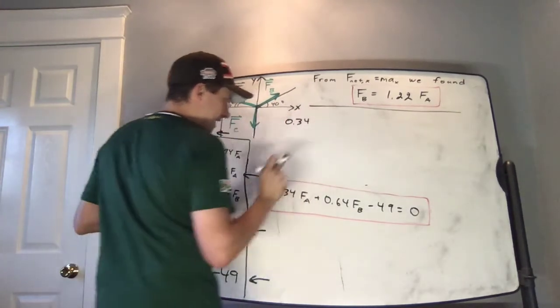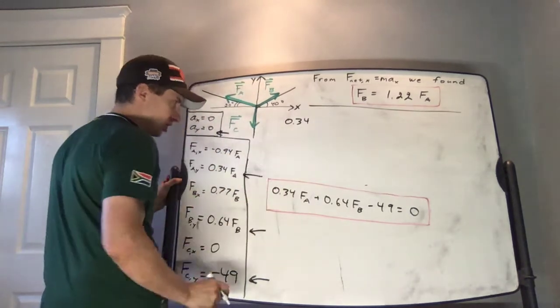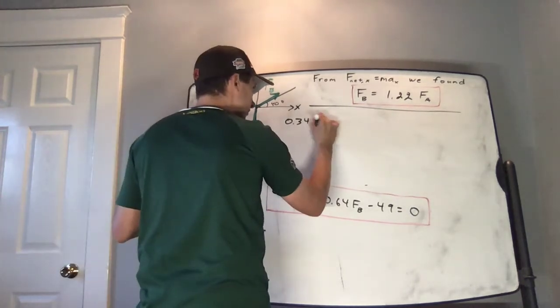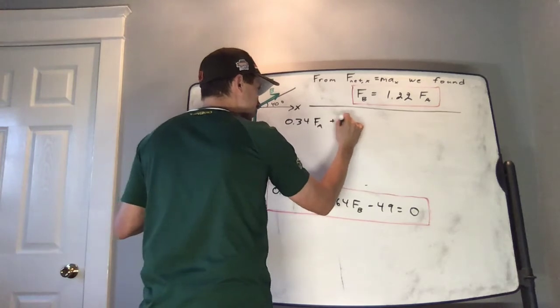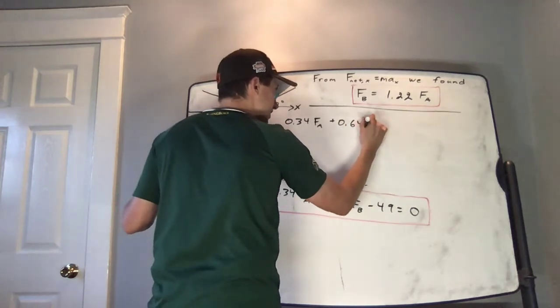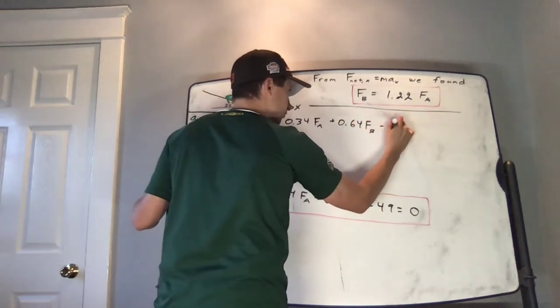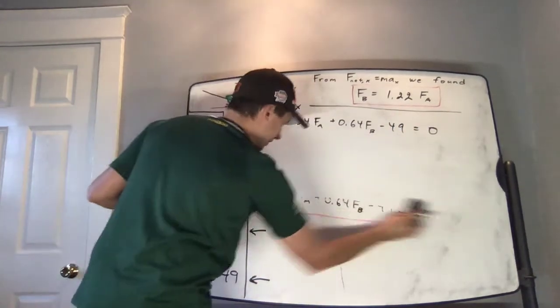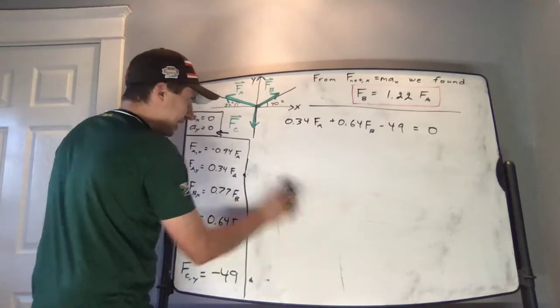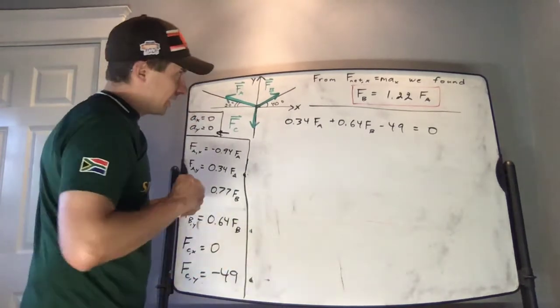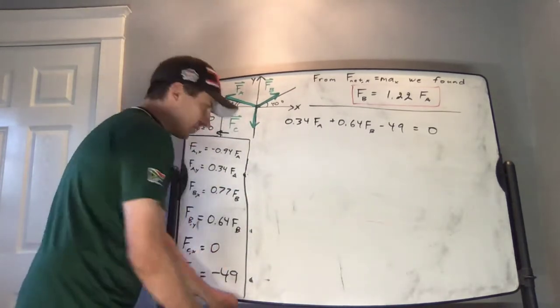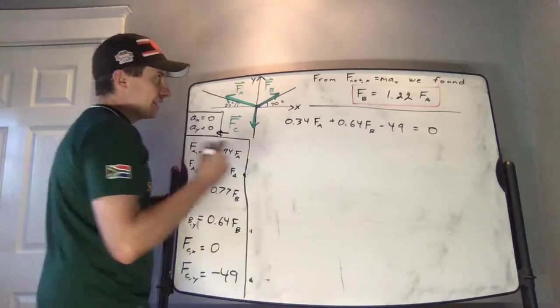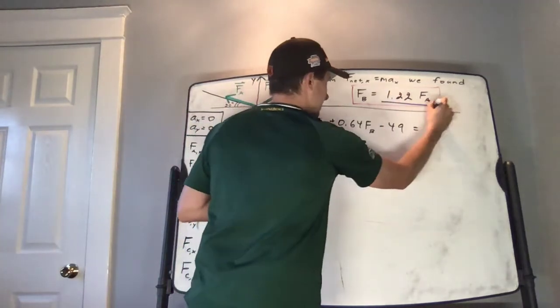0.34 FA. For the moment, I'm just moving this equation up here so I have more room. Plus 0.64 FB minus 49 is equal to 0. And now what I'm going to do is, well, the force of tension in cable B is equal to this.